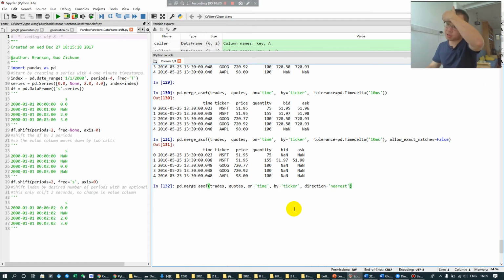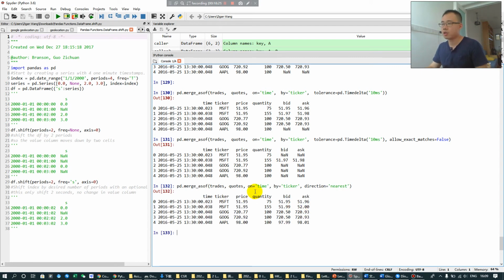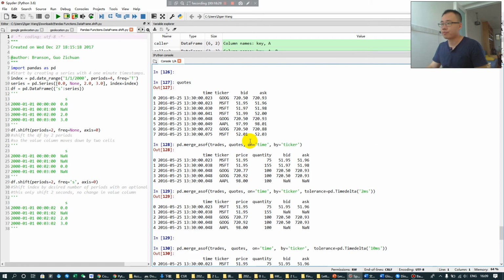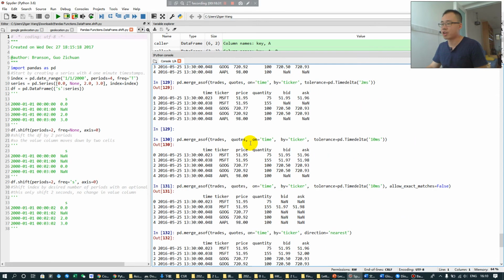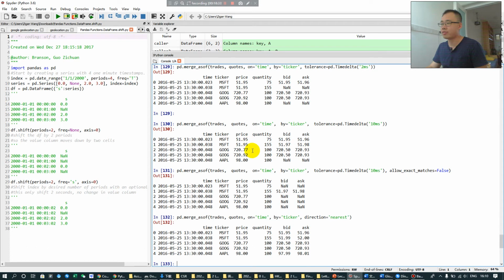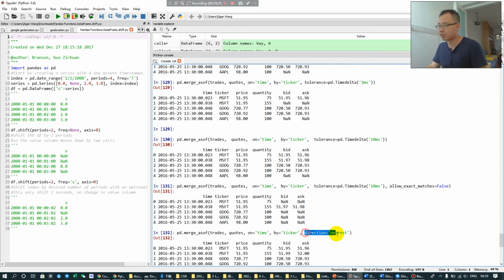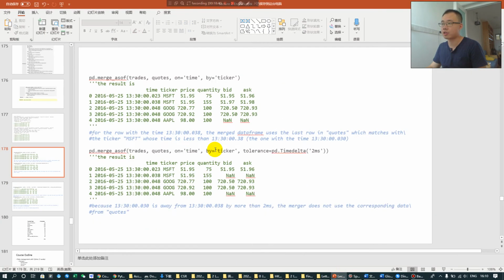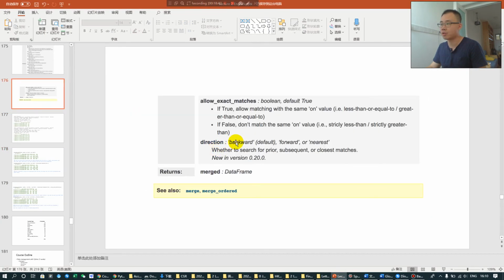And now you have another one called direction equals nearest. So what changes? Two things change. One is that if you don't have this, the default direction is backward.